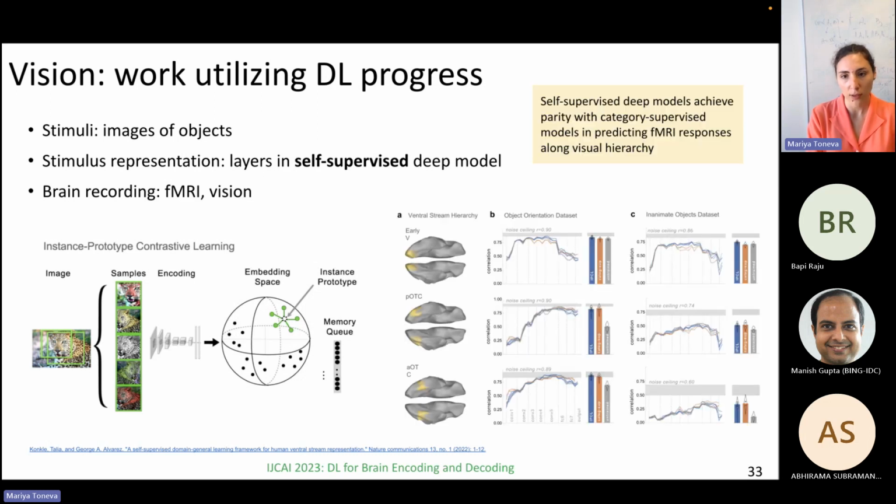What they found, briefly, is that using these self-supervised representations can achieve similar ability to predict the brain response as the category-specific, task-optimized models along this visual hierarchy. This was interesting because it showed that even self-supervised models, without supervision with specific object classes, can predict the brain.